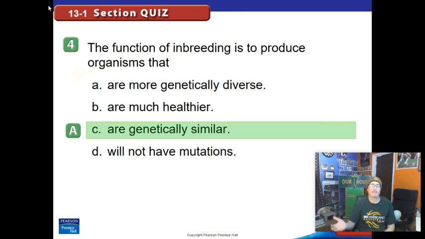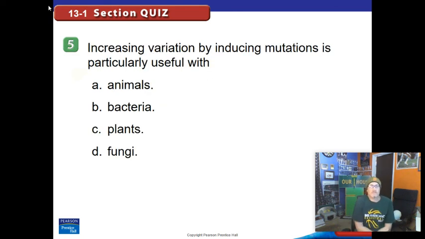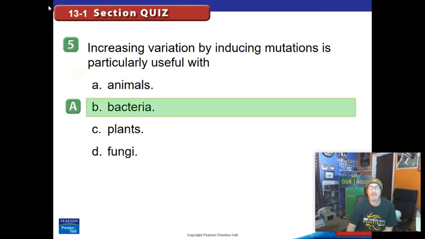That's why it might be very beneficial to inbreed puppies from the same litter, if those puppies have the characteristics that are valuable, like chocolate labs or certain types of rabbits or certain types of chickens. Increasing variation by inducing mutations is particularly useful with... Yeah, bacteria.